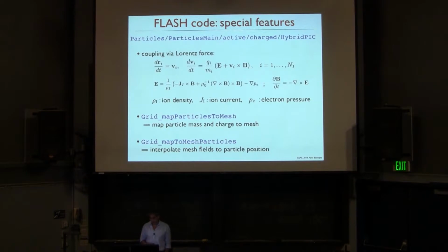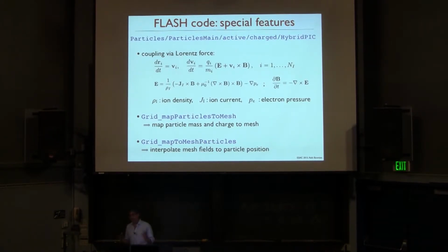And then in this case you have to map your particle properties back onto the mesh, because the mesh fluid also reacts to any change, of course, of your ions in your simulation. And this is done here with two functions essentially.